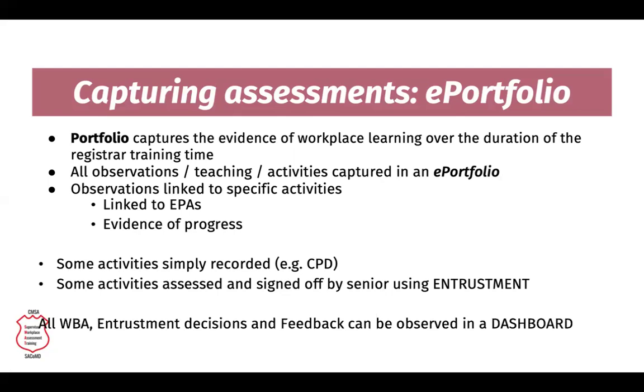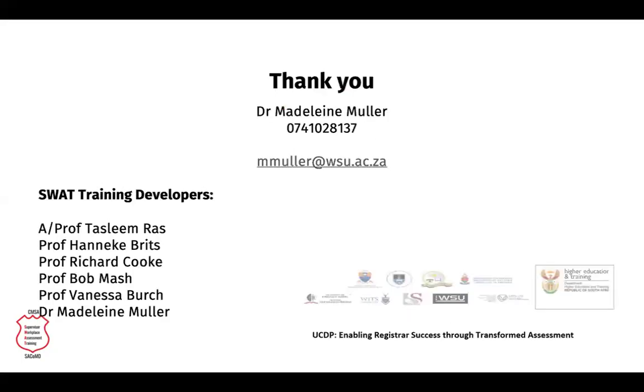So when we then look at the dashboard for a specific registrar, and that dashboard is owned by the registrar, with supervisors being able to look at that dashboard and give input, you can see for a particular WBA, these were all the entrustment decisions, this was all the feedback, this is all the courses they did, this is all the reading, this is their self-reflection, this is the time they spent in a particular department, and that's going to help us make a decision about those EPAs. Those decisions happen in clinical competency committees, and we'll talk about that in the next tutorial.